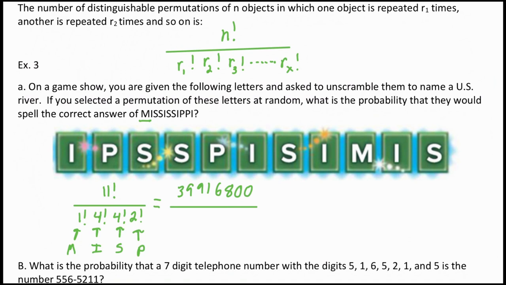Let's all get out our calculators. What is 1 factorial? 1. So we're going to put 1, times 4 times 3 times 2 times 1 for that first 4 factorial, and then times 4 times 3 times 2 times 1 for that second factorial.